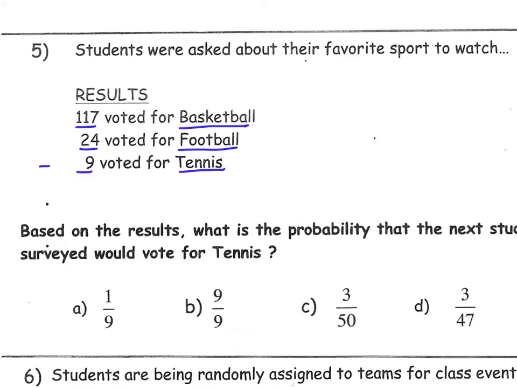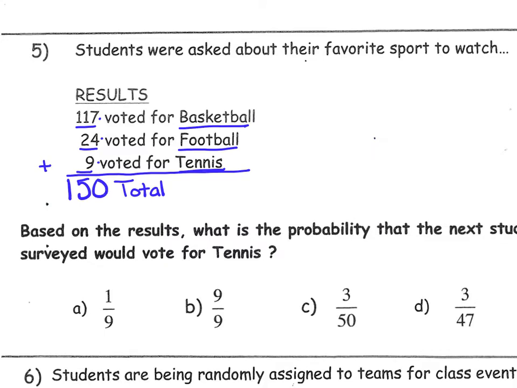Now, when we're given information like this, calculate the total amount of students surveyed. Take a moment and add up the 3 amounts you've been given and find the total. Use your calculator. You should have gotten 150 students total.